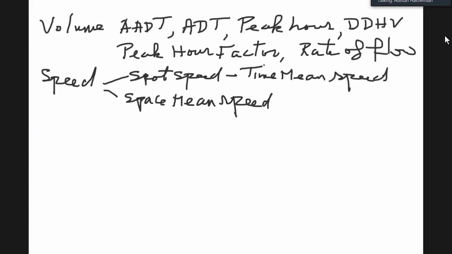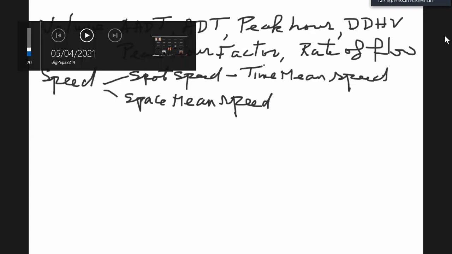All right. What would be the difference between these two speeds? Spot speed is that at any spot, if you record your speed, that's the spot speed. For instance, if a police officer is catching you with the radar, recording your speed at that point, that's the spot speed.